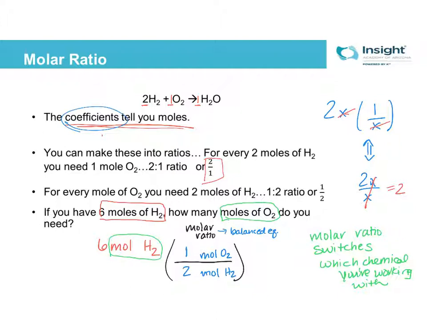All right, and what this does, my moles hydrogen cancel. All right, just the moles, not the number. And then, math-wise, I have 6 times 1 divided by 2, which is equal to 3 moles of O2. All right, that ending unit is the one unit that's left that I haven't canceled out.